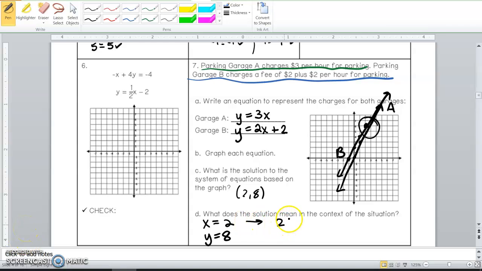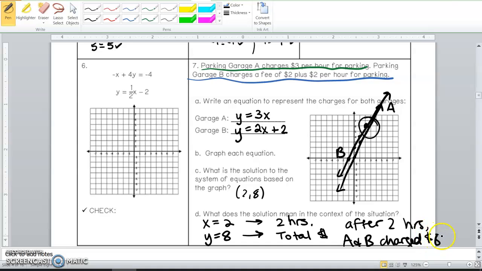Yes, 2 hours. x represented hours. What about y? What does y represent? Yes, the total dollars. So after 2 hours, A and B charged $8 total.